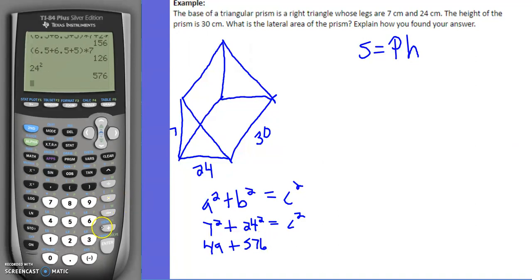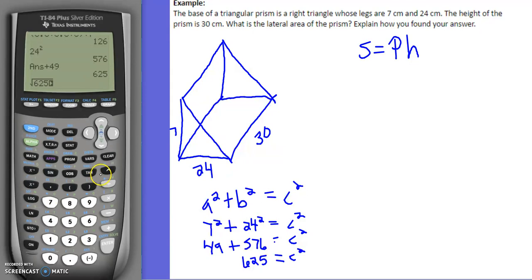So 576 plus 49 is 625. And then we're going to take the square root of 625, and we're going to get 25.